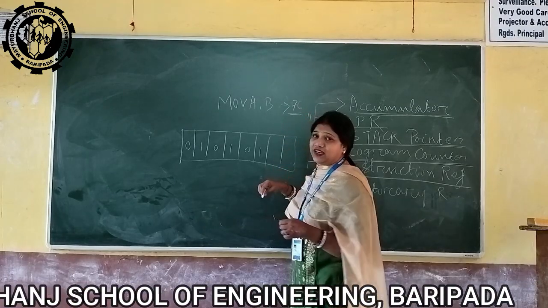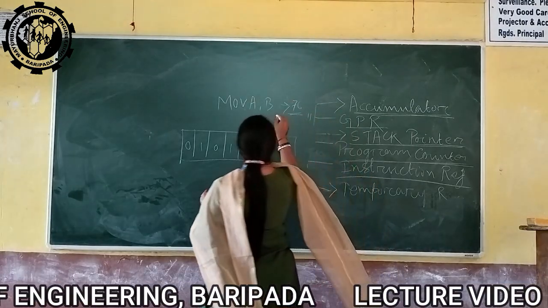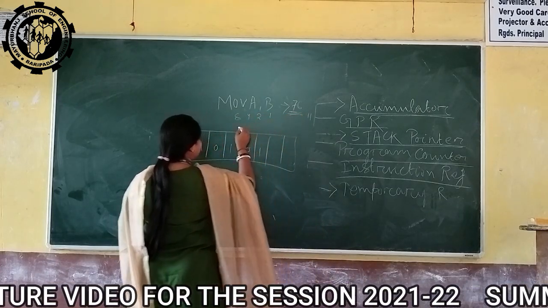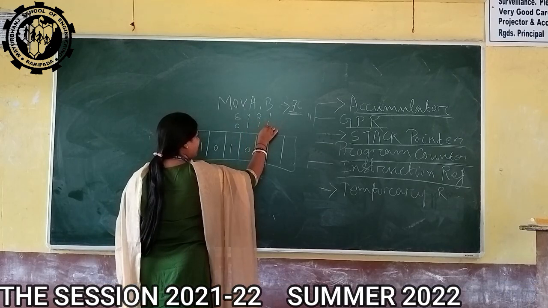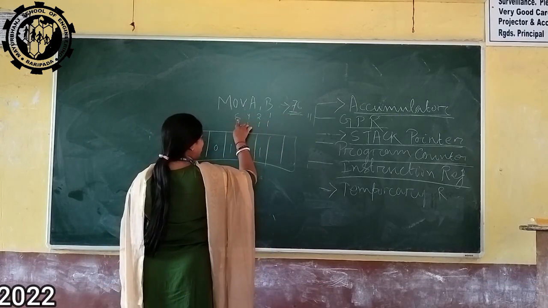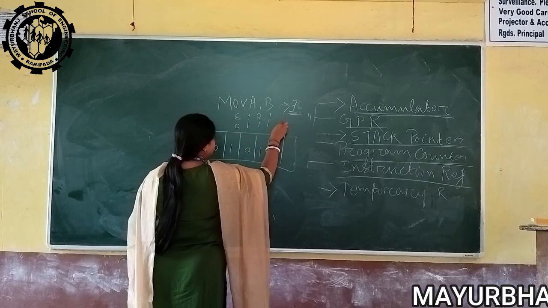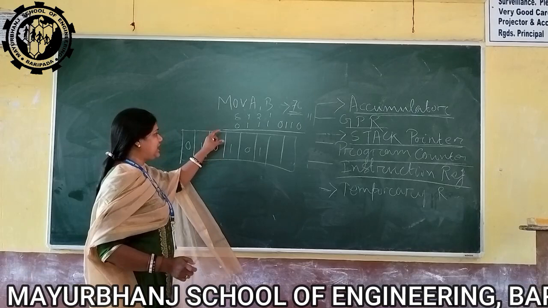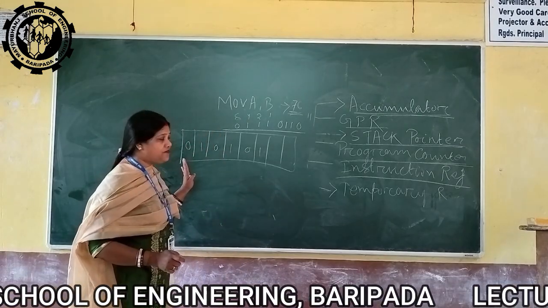In binary, using the weights 8, 4, 2, 1, 7 represents 0111, and 6 represents 4 and 2, so 0110. In that manner, the content will be stored in the instruction register.